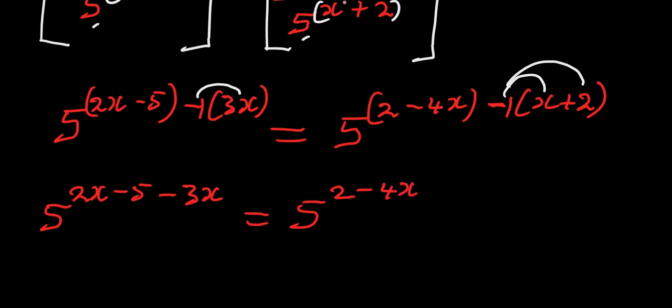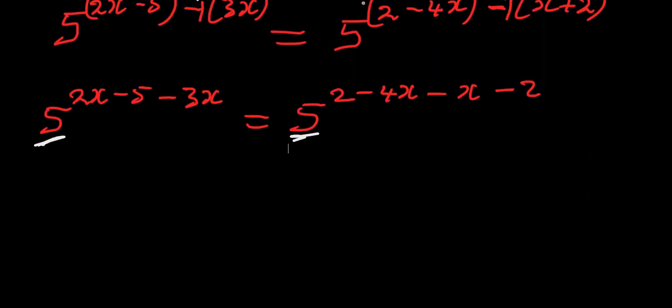Negative 1 times x is going to give us negative x. Negative 1 times 2 is going to give us negative 2. So now you can see that we have the same base, 5 and 5, so we can just equate the exponents.